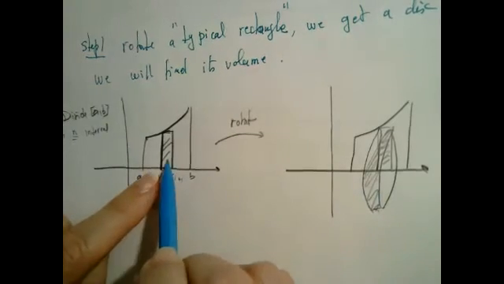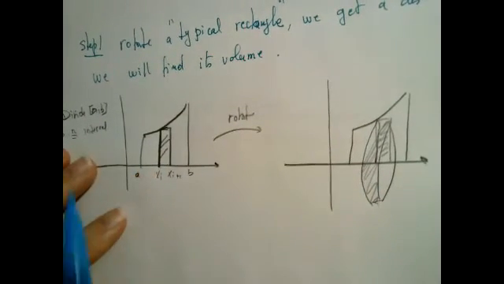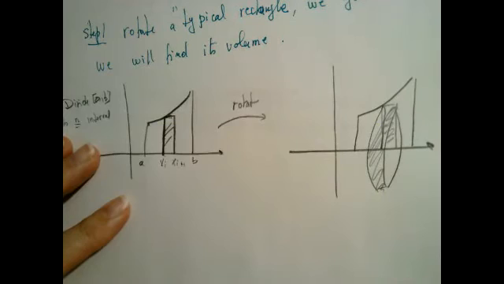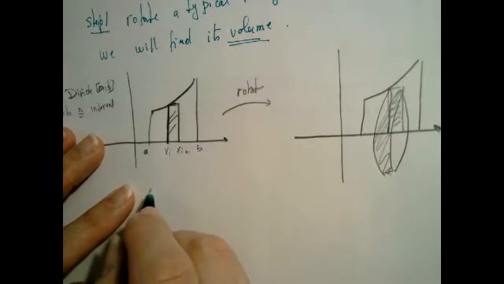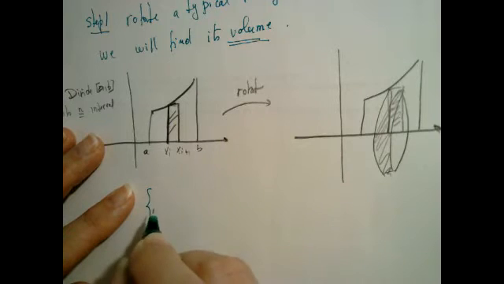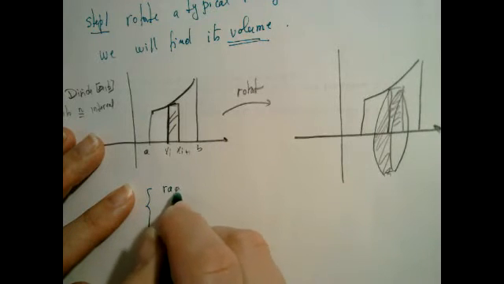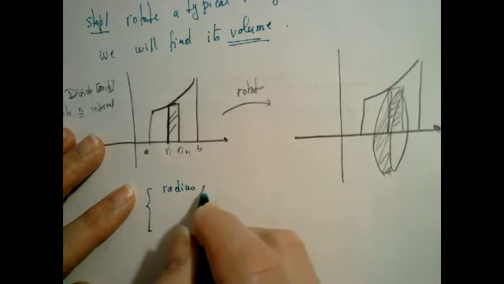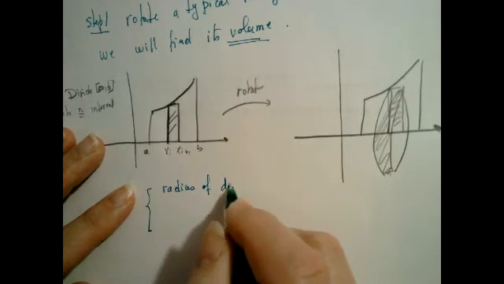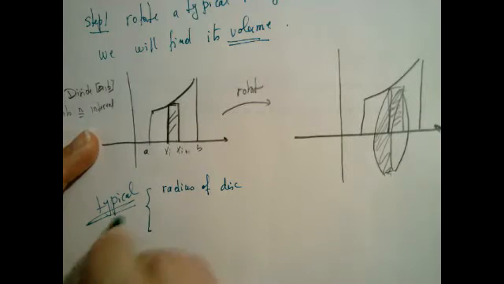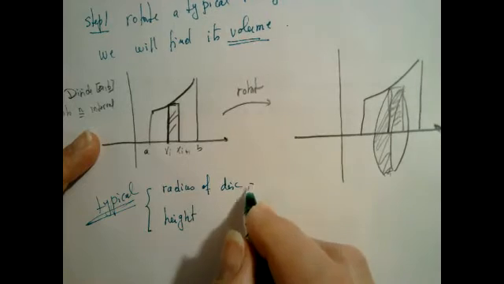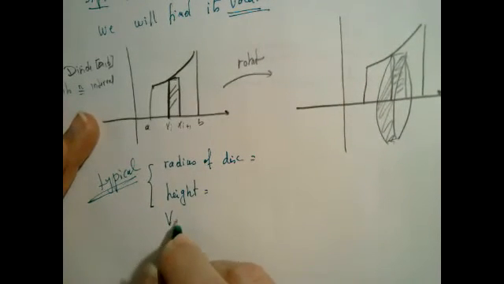This is the disk I obtained after I rotated. We need to find the volume. But to find the volume of the typical disk, what is the radius of the disk? What's the height? And finally, what's the volume?